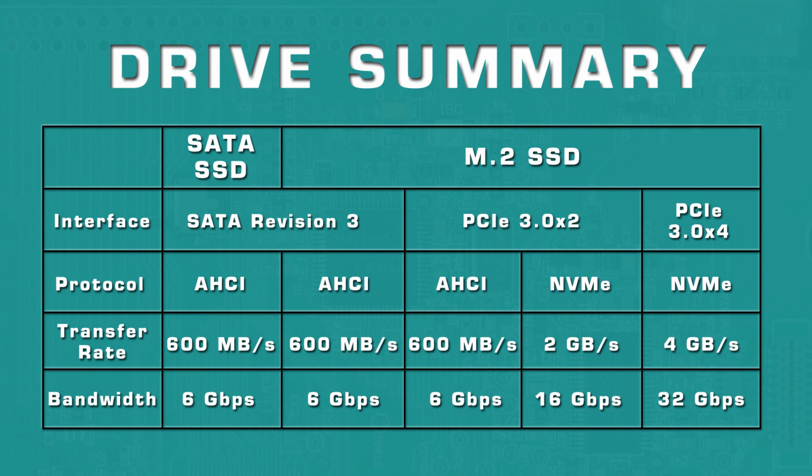Currently, the M.2 NVMe PCIe 3 x2 drives can transfer a maximum of 2 gigabytes per second. There are a few M.2 NVMe PCIe 4 drives on the market that are rated at 4 to 5 gigabytes per second. So as you can see, all these names and numbers can really confuse things.